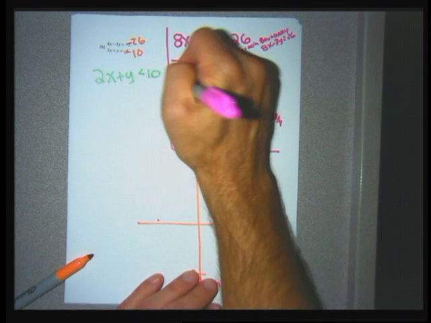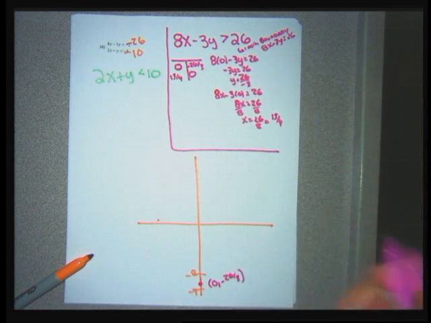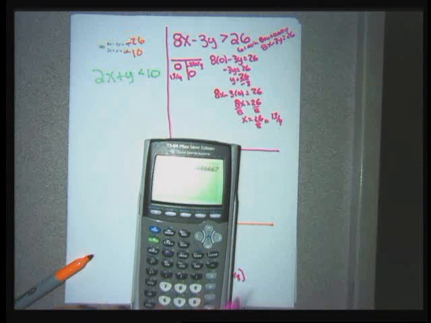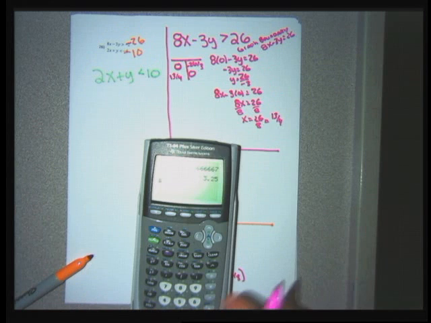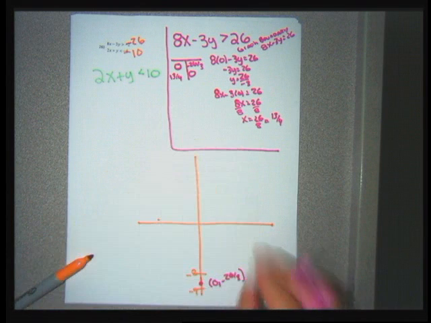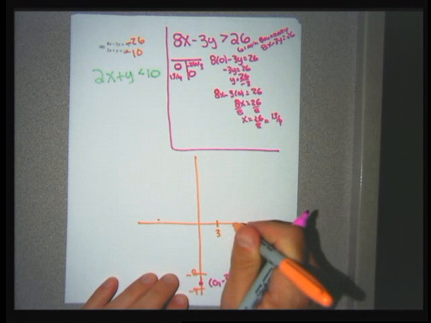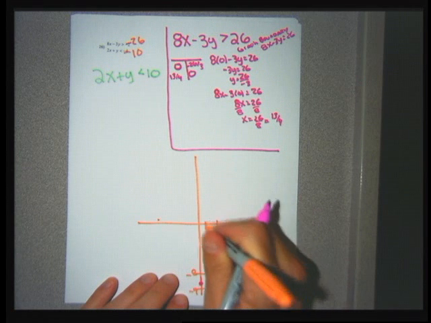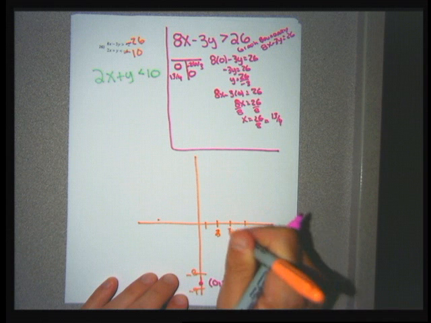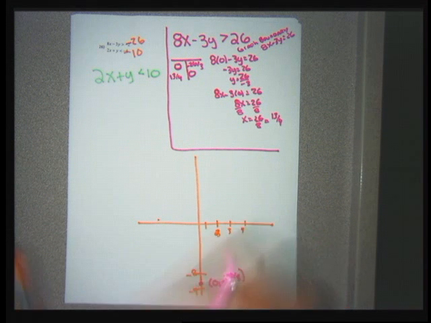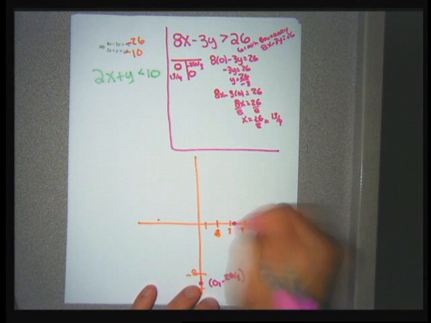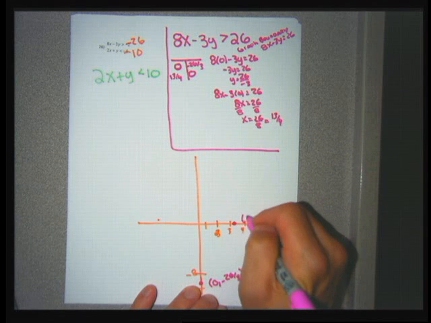So the x-intercept is 13 over 4 comma 0. And again, I'm going to do 13 divided by 4 on my calculator, which gives me 3.25. So when I plot that point, that hardly looks like 3. 1, 2, 3, 4. So when I plot that point, 13 over 4 comma 0, that's about there. It's in between 3 and 4.